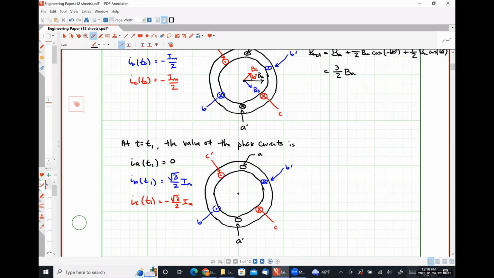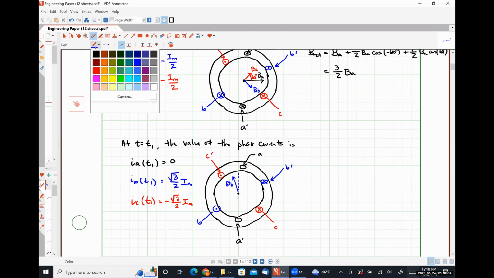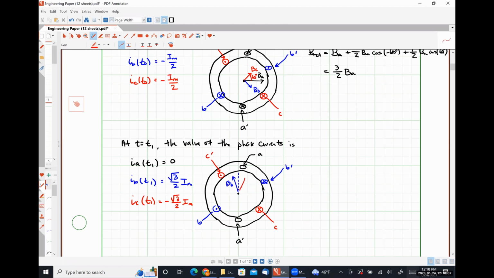If we look at our B coil, right, it's going to be directed diagonally up and to the left. And if we look at our C coil, it's going to be up and to the right. And these form 30-degree angles with this vertical axis.